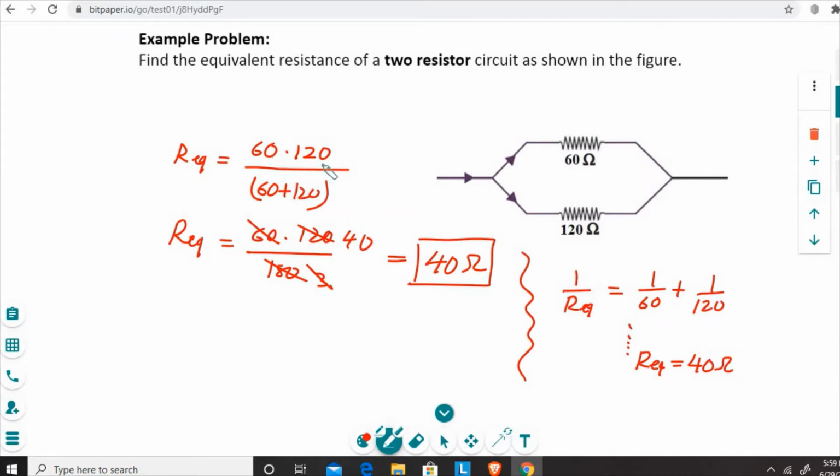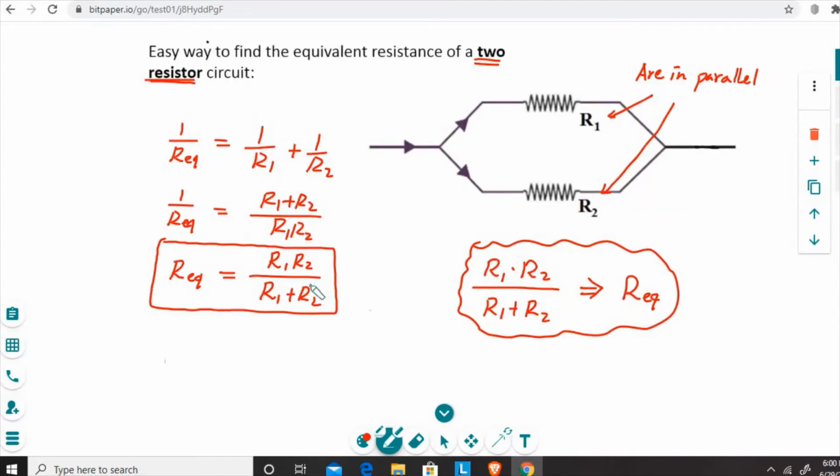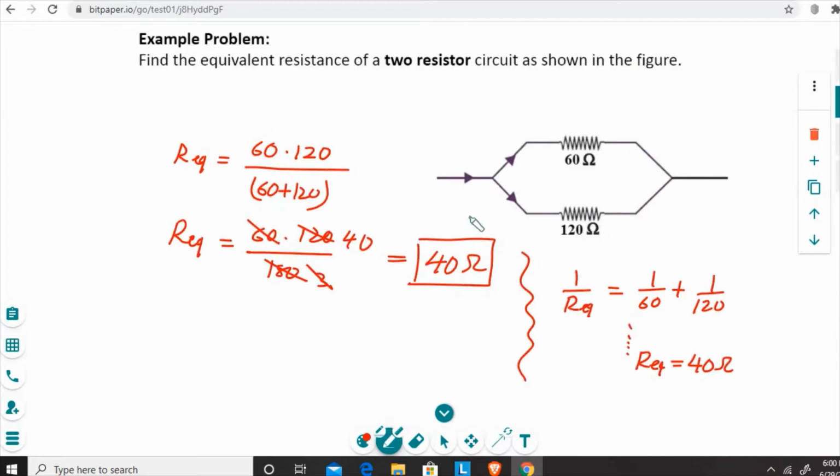But here, if you can memorize this expression, only if there are two resistors in parallel, okay? If you can memorize this expression, then it would be very easy for you to calculate the equivalent resistance. Okay, so that's one thing that I want to explain with regards to resistors in parallel.